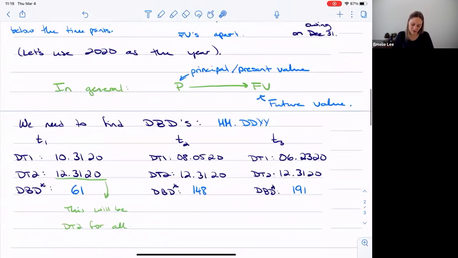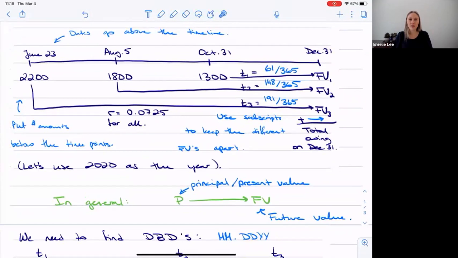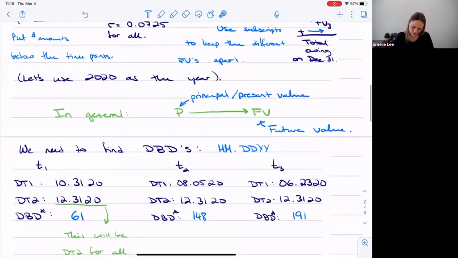So you have to start with a timeline, and really notice how much work this is, right? And so in terms of marks, a lot of your marks are going to come from your timeline, not necessarily your final answer. If your timeline is good, your final answer will be good. The math is not hard, but it's setting this up and deciphering what you're given that's hard.